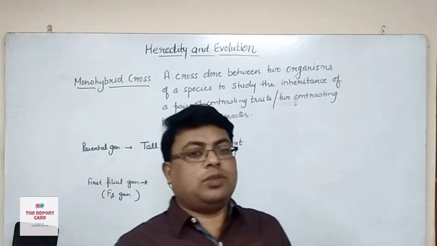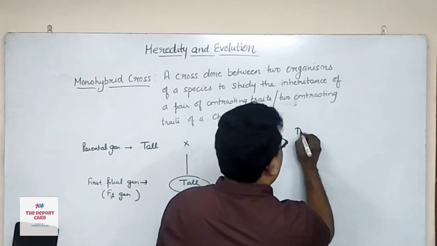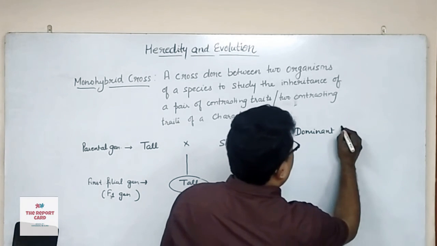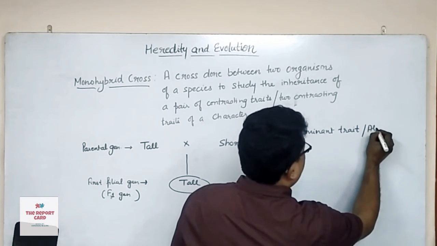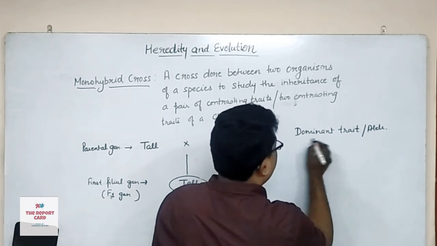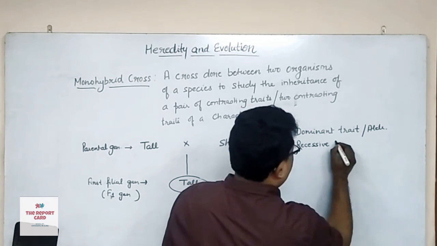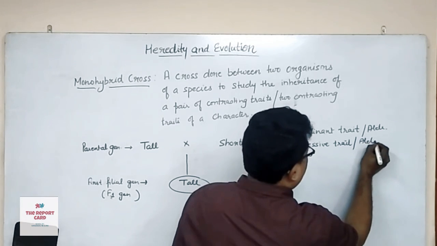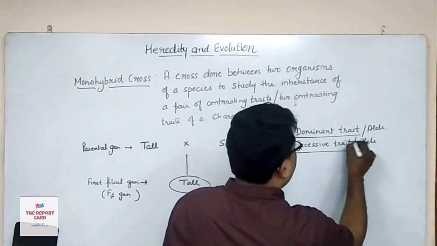So we come to two terms here: a dominant trait or dominant allele, and a recessive trait or recessive allele. So what is a dominant trait and what is a recessive trait?